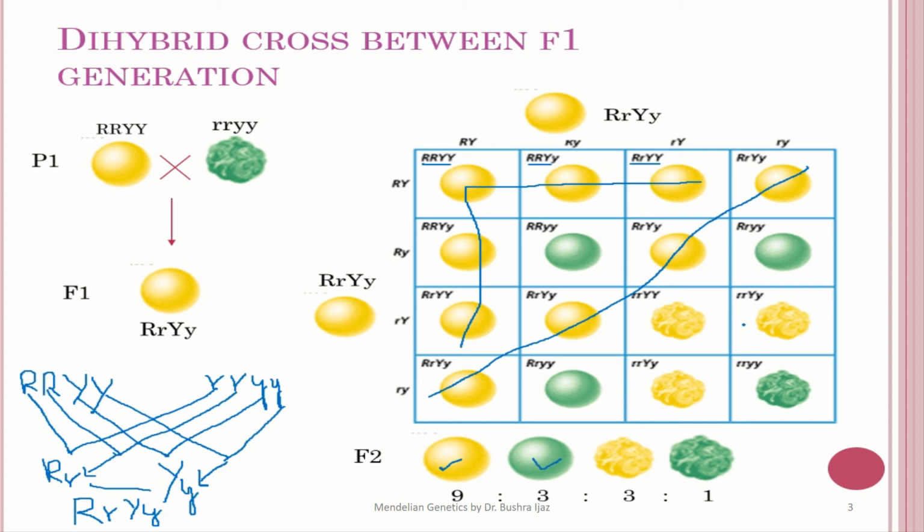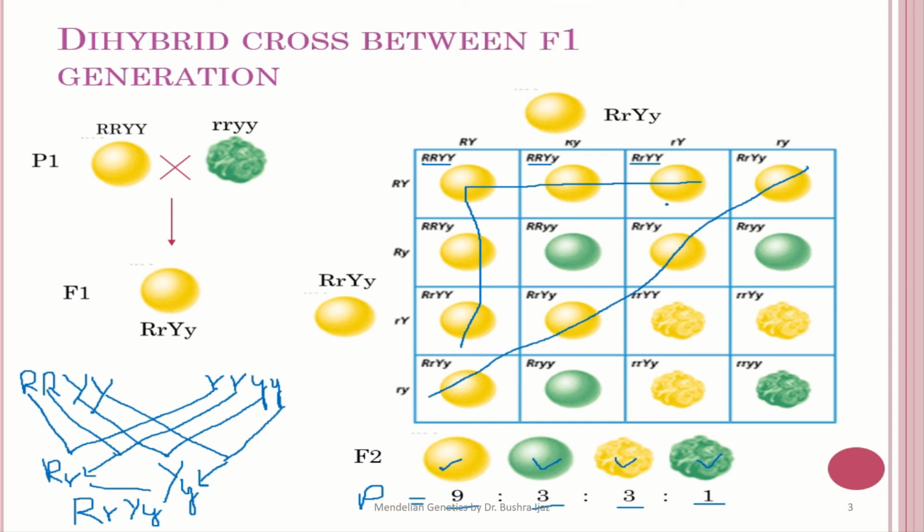Here you can see the combination wrinkled but yellow, wrinkled but yellow, wrinkled but yellow. And the last is wrinkled and green. So this was actually the phenotypic ratio, which is different from the monohybrid cross, and this is 9 is to 3 is to 3 is to 1. 9 yellow round, 3 green round, 3 yellow wrinkled, 1 green wrinkled.